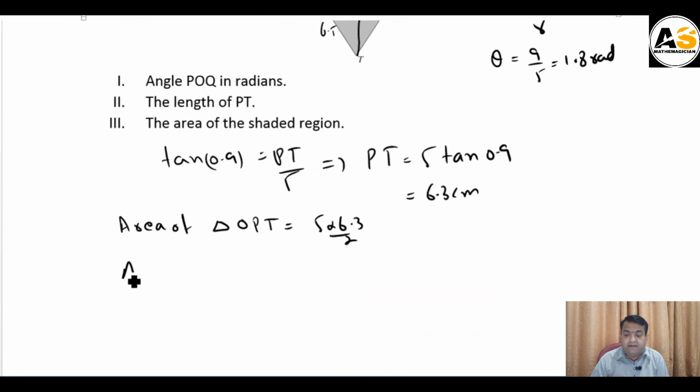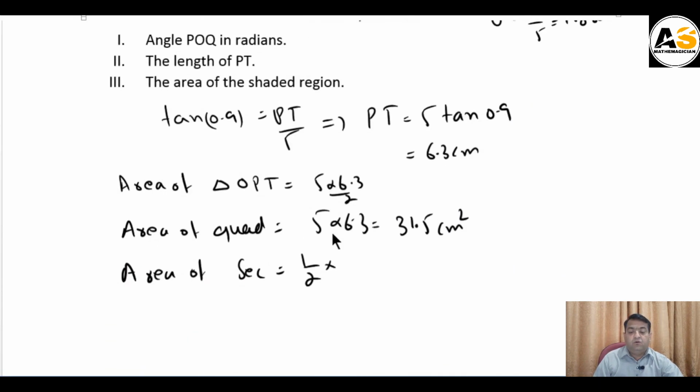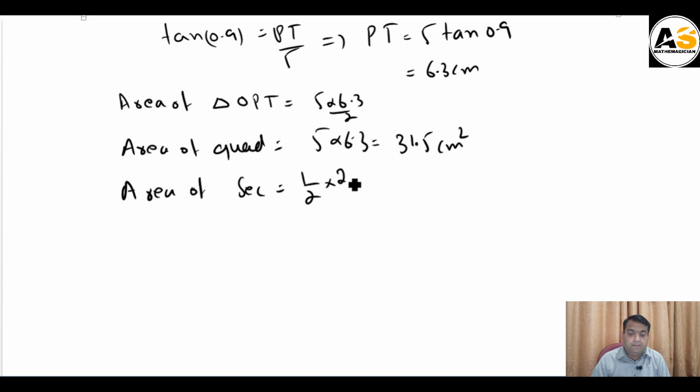And area of quadrilateral will be 5 into 6.3, 31.5 centimeter square. And area of sector is equal to 1 by 2 R square. What is R? R is 5, 25 into radian angle 1.8. And that will be, to be exact, 22.5 centimeter square.